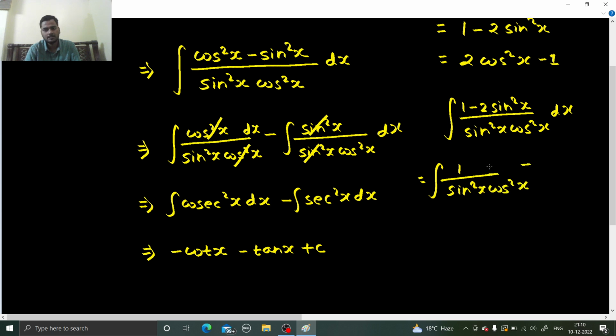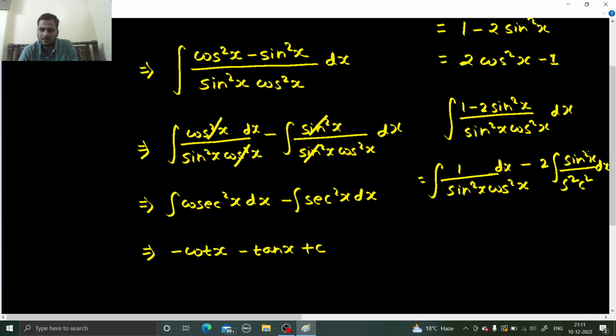minus 2 sin square x divided by sin square x cos square x. I am writing that as s square c square because space is not there.